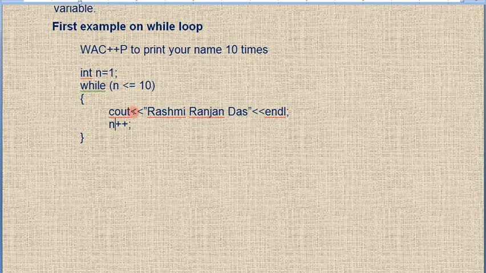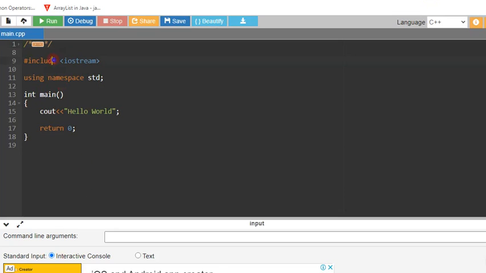Now let me show you the same program on the editor, so you can understand more nicely. So let's go to the online C++ editor. This is the editor whose link I already sent you before. Now this cout statement we have to remove. Let me say one more thing here.